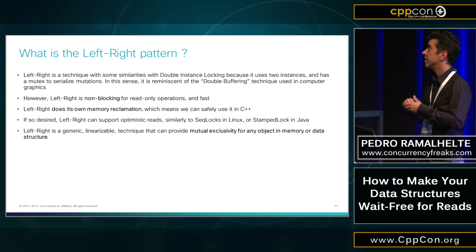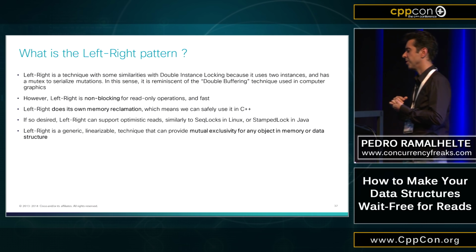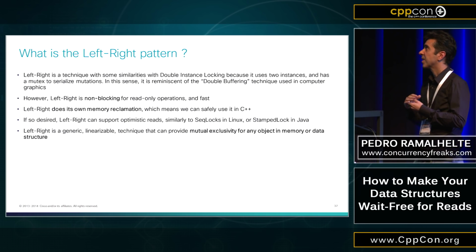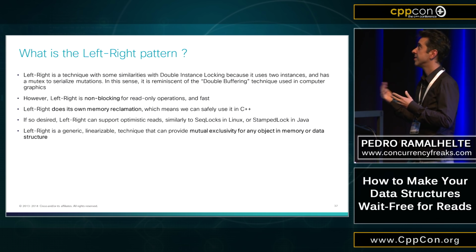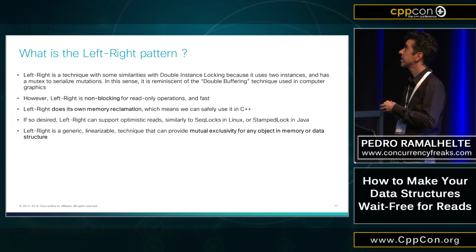This is a technique that Andrea and I discovered some years ago. The cool thing about this is that it can safely be used in C++ because it has its own memory reclamation. It has some nice properties, one of them being linearizable, which is what everybody likes.